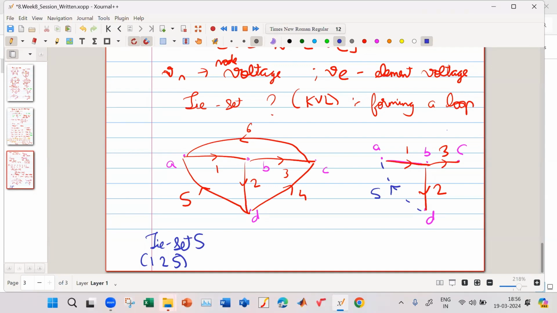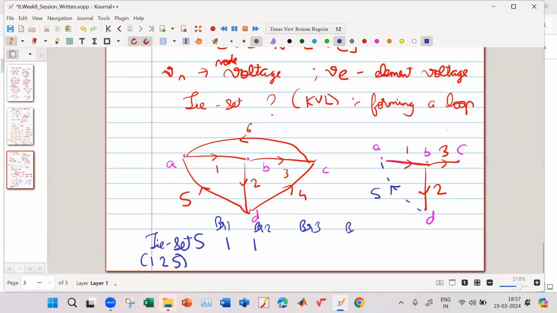If the current is in the direction of the link, then it will be positive. So the link has one direction. If the currents of the other twigs which form the tie set are also in the same direction, then it is positive, right? So we write 1 for branch 1, 1 for branch 2.